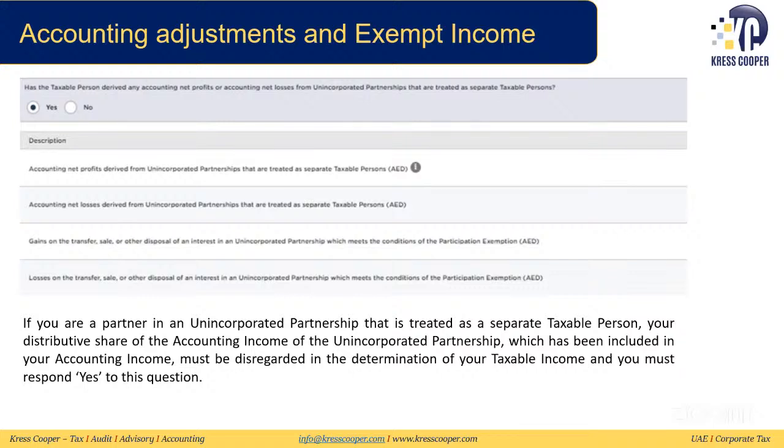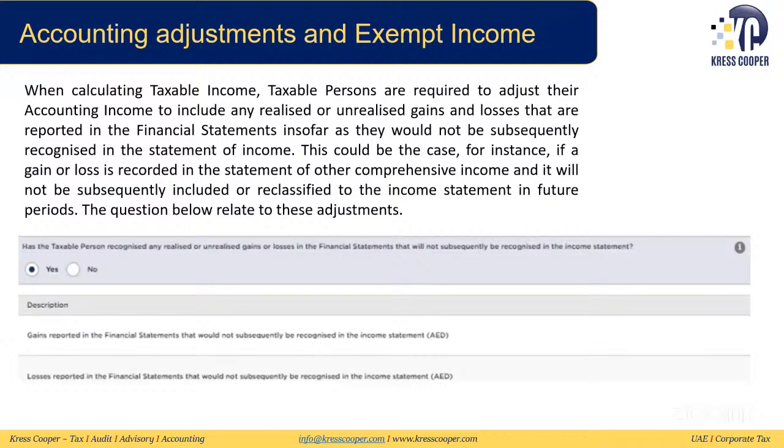That is the accounting net profit and net losses derived from the unincorporated partnership, any gain on transfer, sale, or other disposal of an interest in an unincorporated partnership which meets the condition of participation exemption, and losses on transfer, sale, or other disposal of an interest in the unincorporated partnership which meet the condition of participation exemption. So only if there is such an unincorporated partnership which is now treated as a taxable person will you need to exclude these amounts.